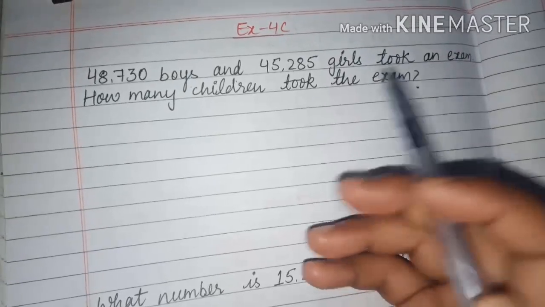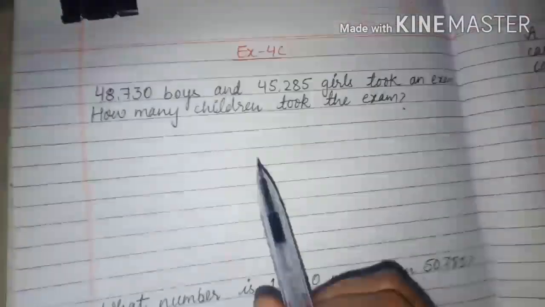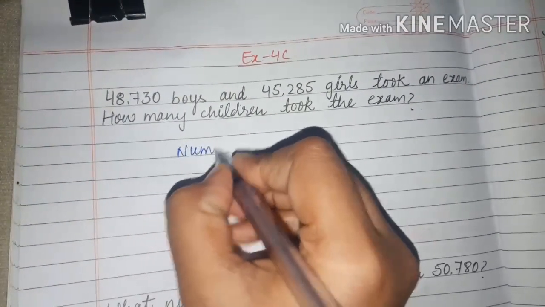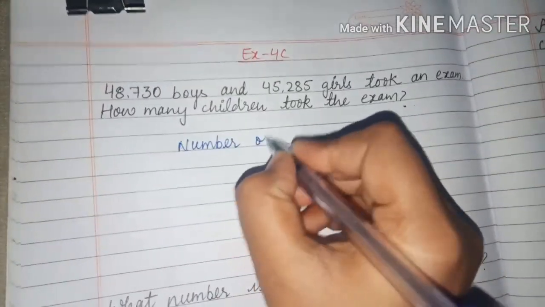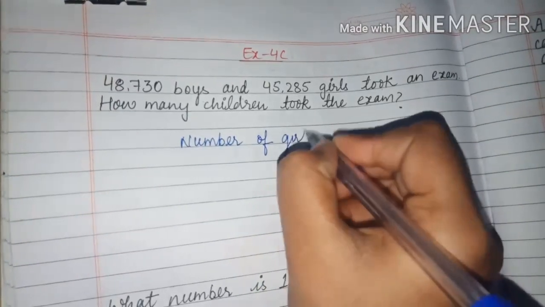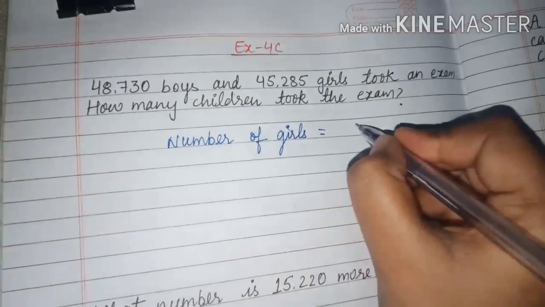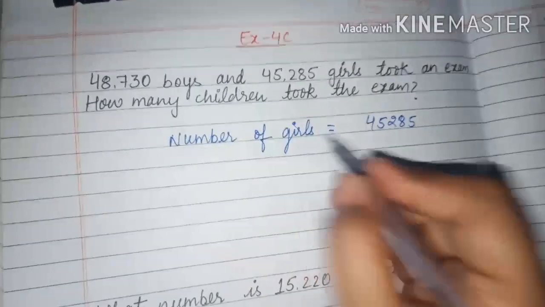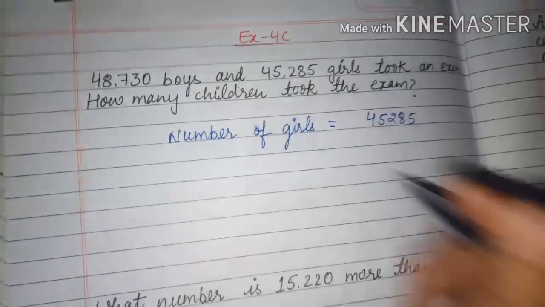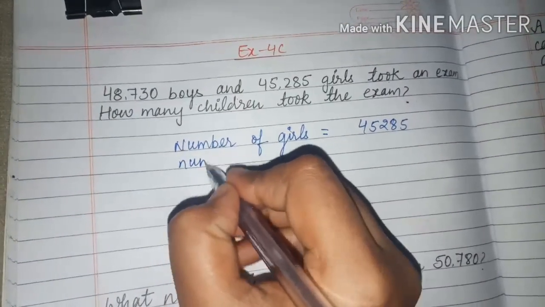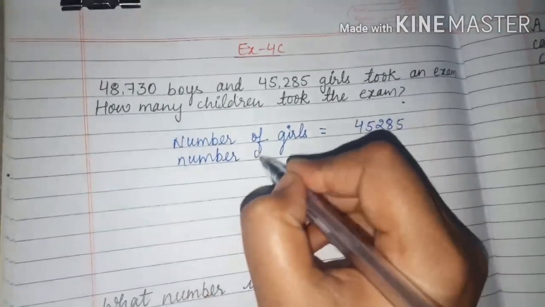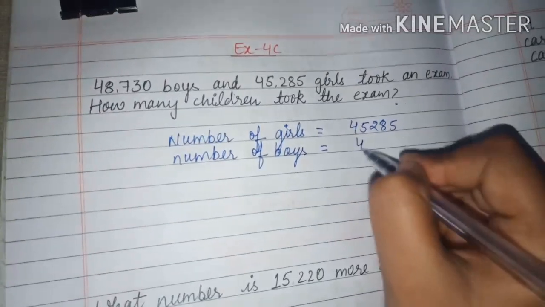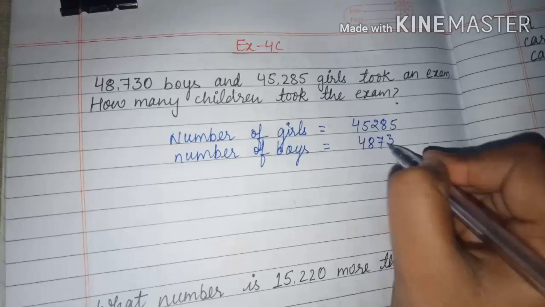So what we have to do is add both the number of girls and the number of boys. You have to first write the statement: number of girls, how many girls are there? 45,285. You can write number of boys also, that is 48,730.